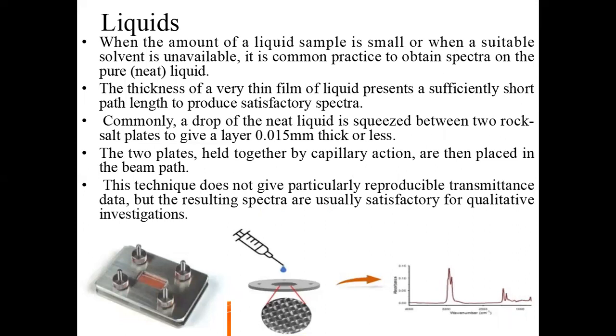Commonly, a drop of the neat liquid is squeezed between two salt plates to give a layer 0.015 millimeter thick or less. The two plates are held together by capillary action and then placed in the beam path. This technique does not give particularly reproducible transmittance data, but the resulting spectra are usually satisfactory for qualitative investigations.